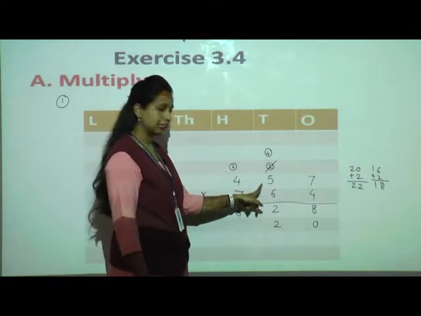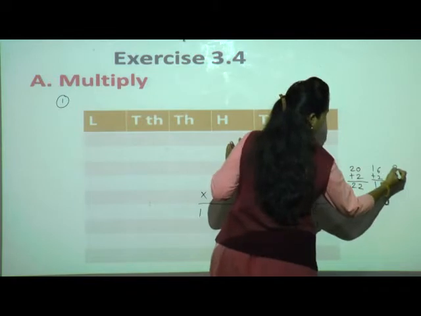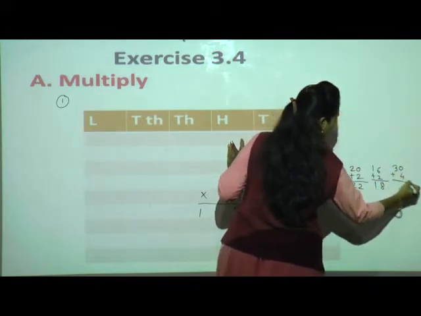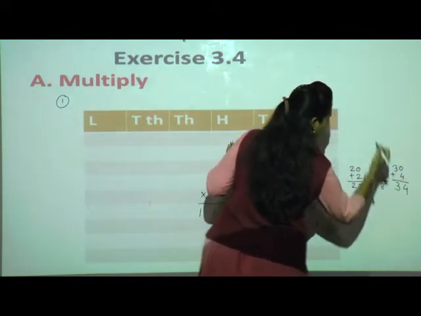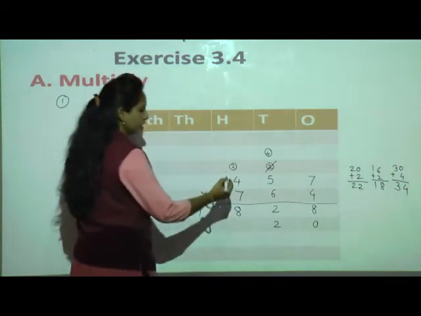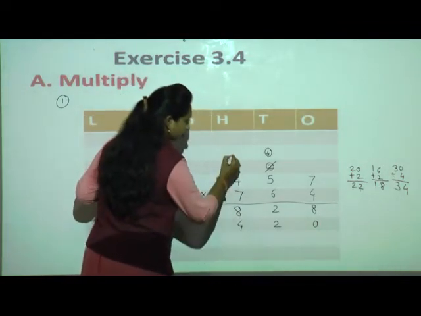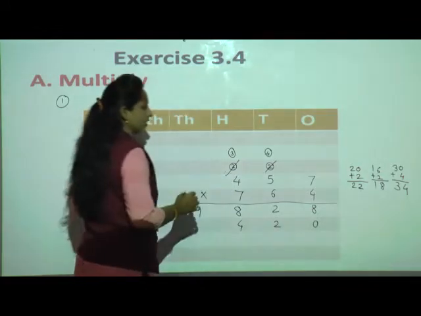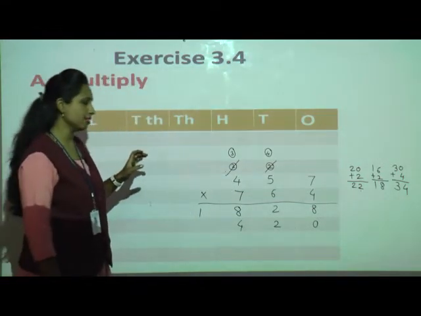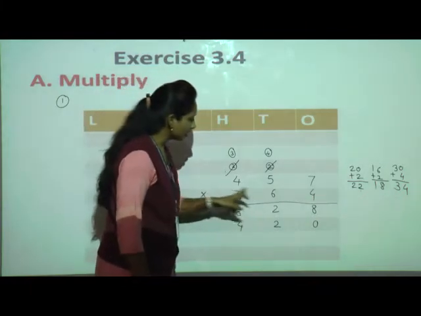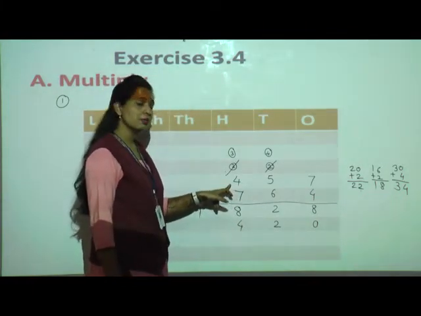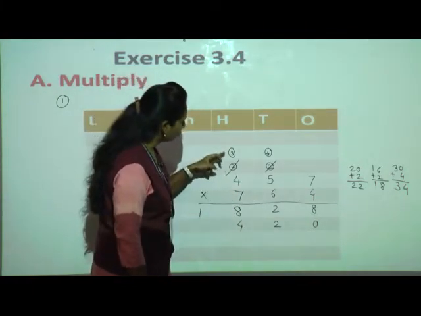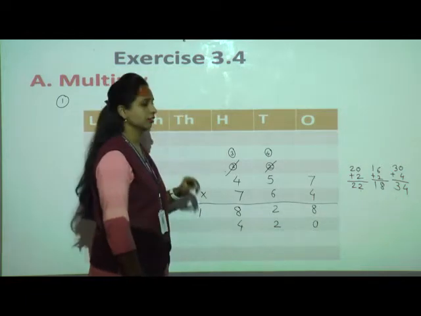Now 6 5s are 30. 30 plus 4. Do the rough work. 0 plus 4 is 4, 3 as it is, 34. Now here I will write 4 and 3 will be carry over. Now before going to carry, I will cross the previous number. Now 6 4s are 24. 24 plus 3.